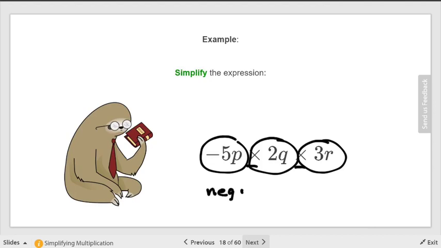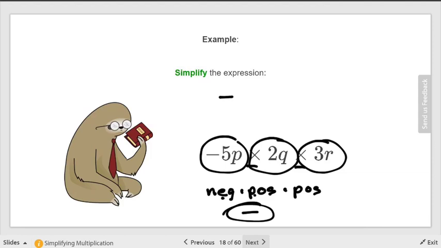So a negative times, the second one is a what? Plus. And the third one is a positive. So a negative times a positive is a? Negative. Times another positive just stays negative. So you can do more than one sign as you go across. Okay? So we know that our answer is going to be a negative.